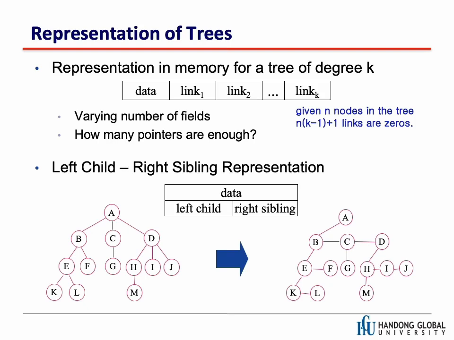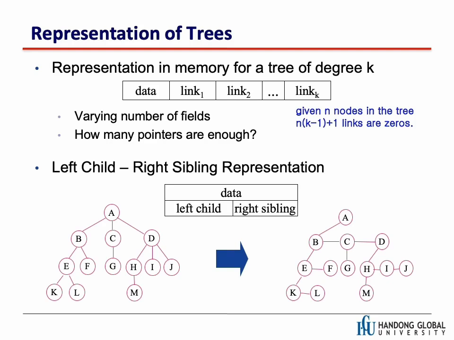That's enough. But in this 2D representation, we have n times k links. So out of n times k links, we use just n minus 1 links. It means n times k minus (n minus 1) links are just zeros. We don't use those.